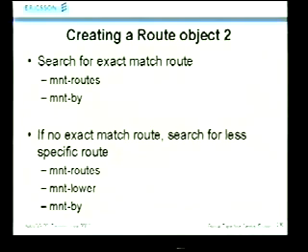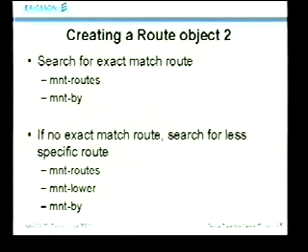If you find it, you check for the maintained routes attribute in the exact match route object. If it's not present, you check the MNT by attribute. If there is no exact match route object, you search for a less specific route object. Okay? And then you use MNT routes, MNT lower, or MNT by, in that order.